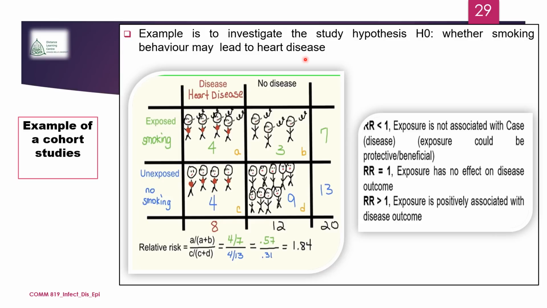It means from the beginning it has not occurred. This is a risk factor, you want to see whether people that smoke will eventually develop heart disease in the future. Okay, so you have the study population, those that are exposed to smoking, those are non-disease as a control.